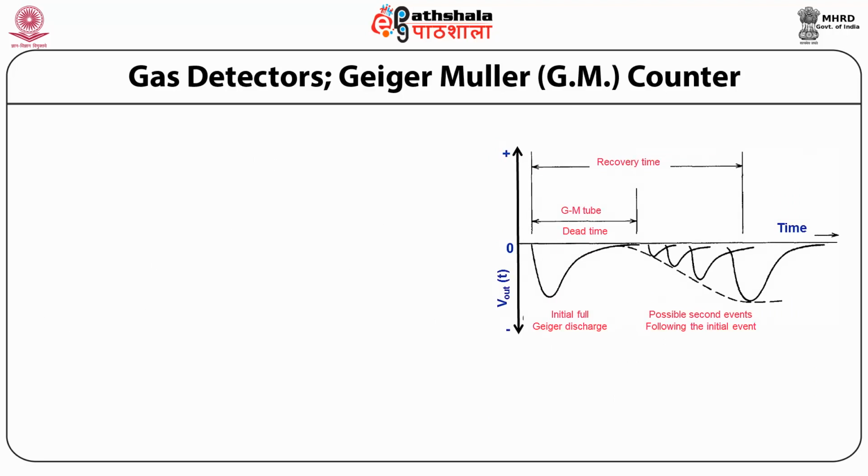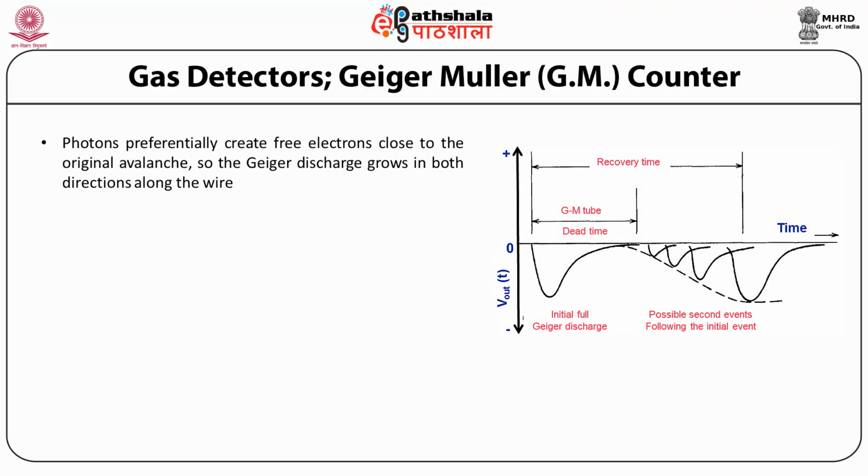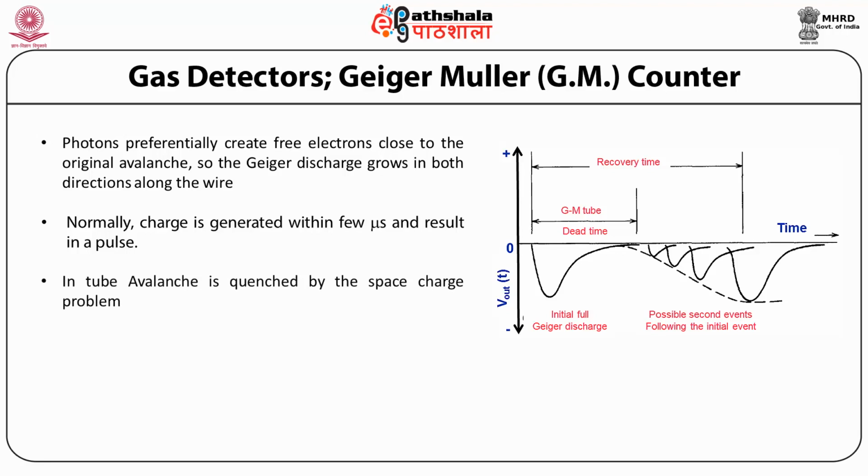We intend to look deeper into the working of the Geiger-Muller counter. Photons preferentially create free electrons close to the original avalanche, so the Geiger discharge grows in both directions along the wire. Normally, charge is generated within a few microseconds and results in a pulse. In the tube, the avalanche is quenched by the space charge problem.